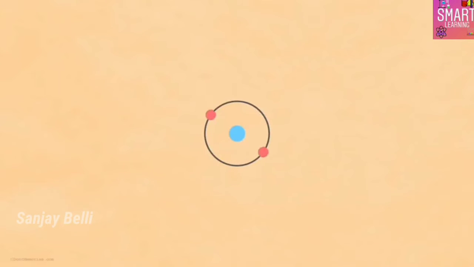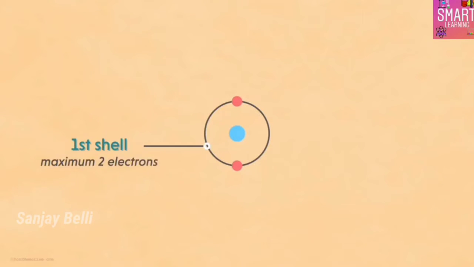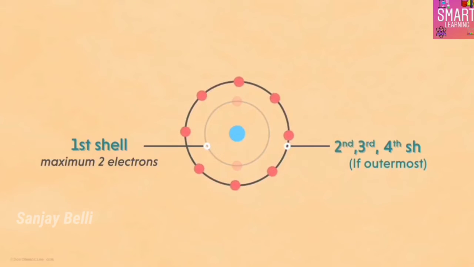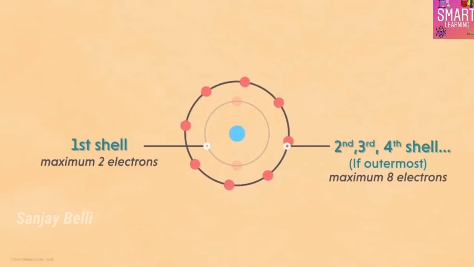There are two facts that we need to recall. First, the innermost shell, or the first shell rather, can accommodate a maximum of 2 electrons. Secondly, from the second shell onwards, whichever is the outermost shell can accommodate a maximum of 8 electrons.